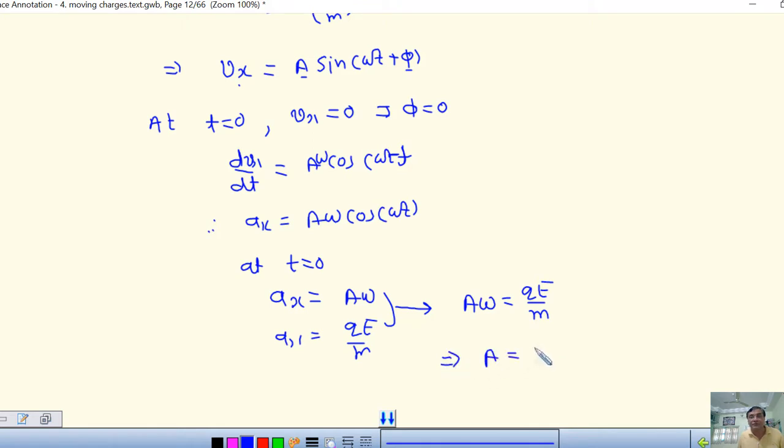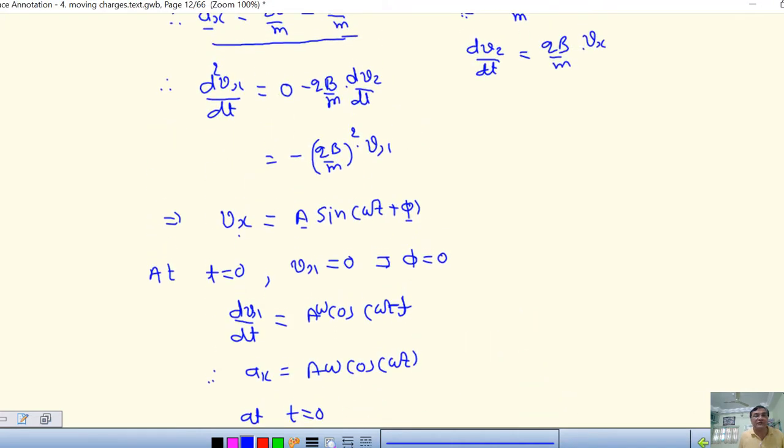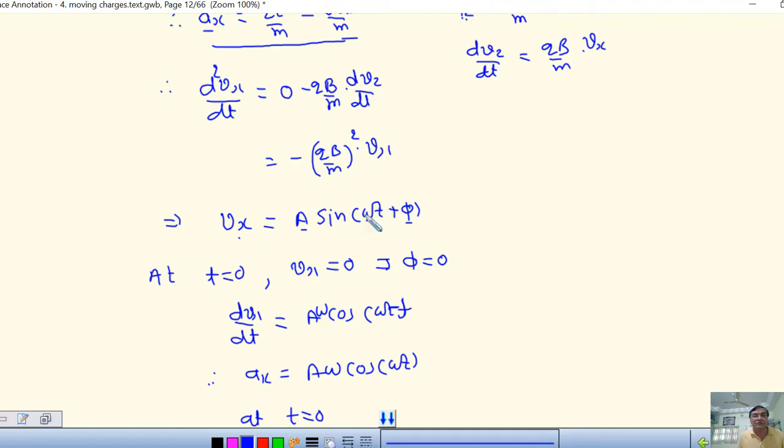Therefore a is equal to qe upon m omega. Here omega is nothing but qb upon m, which is our old formula.